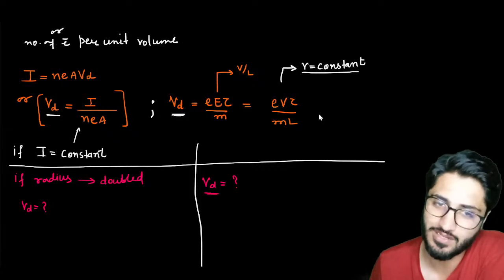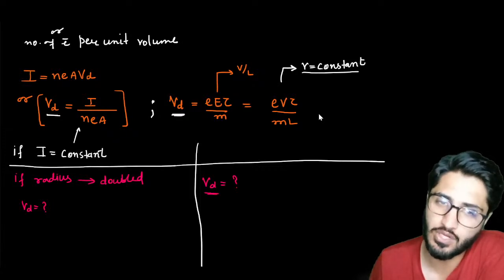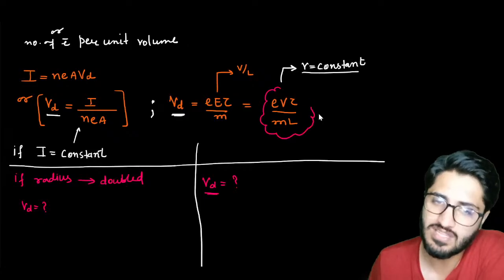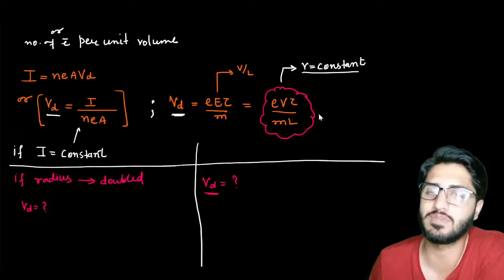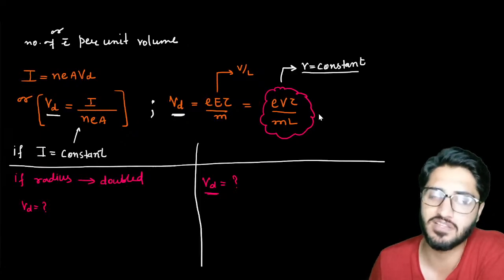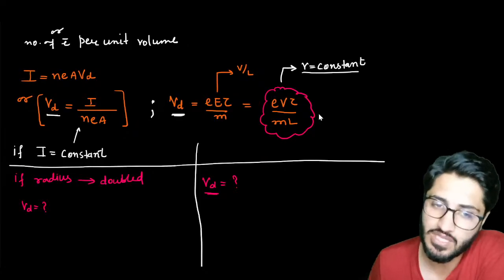Look here. If we talk about this particular equation, what is e? e is the electron charge, V is potential, τ is time, m is mass, L is length. So there is no term related to the radius. So here, no effect.